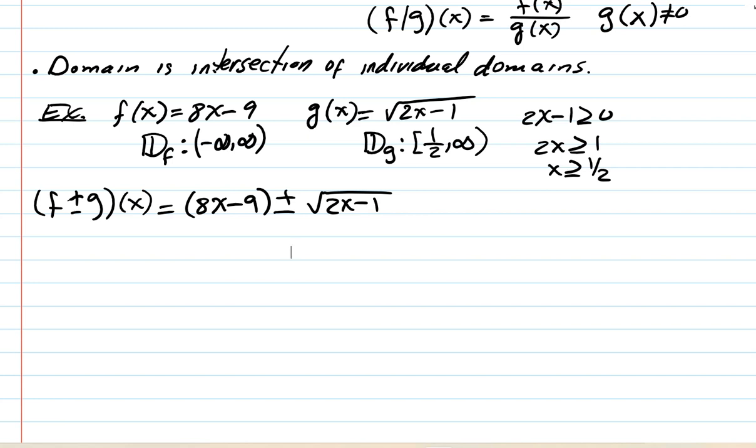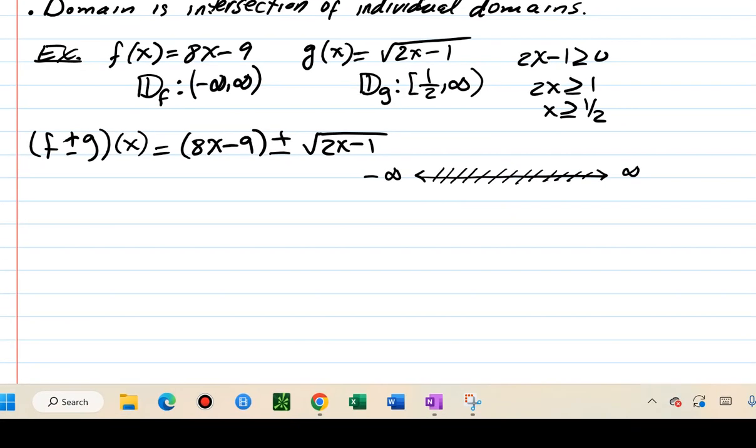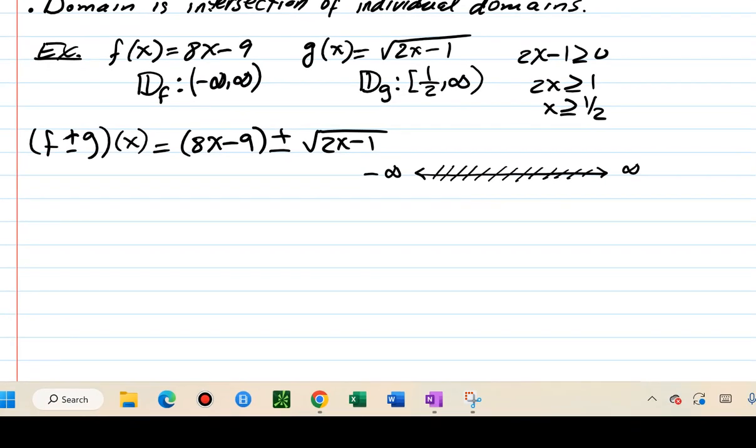Now, what is the domain of the addition or subtraction? It's going to be the intersection of negative infinity to infinity with the domain of g. A graphical notation might help. This is the domain of f, right? Now, what is the domain of g? We said that x has to be greater than or equal to 1/2, right?